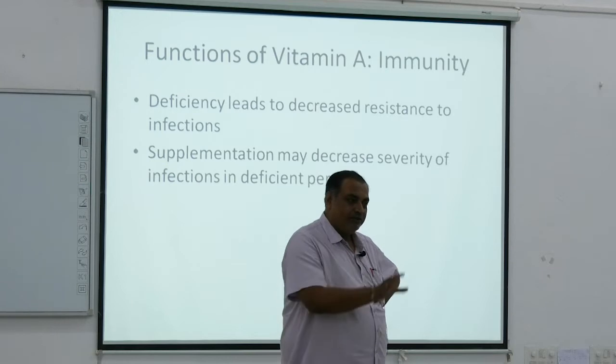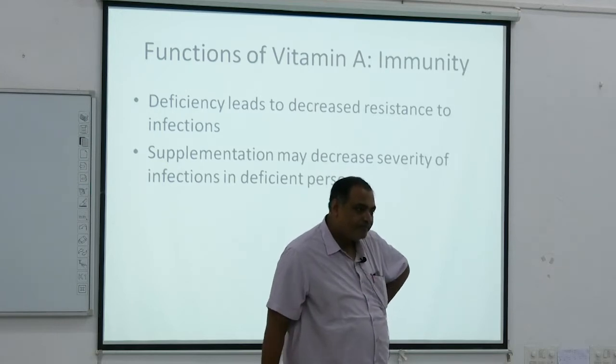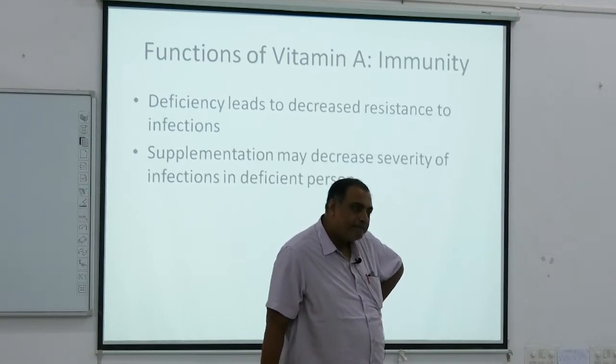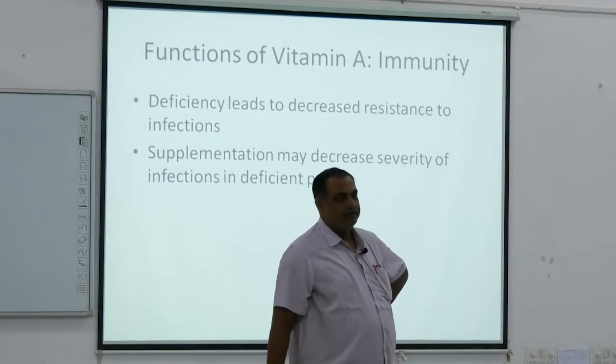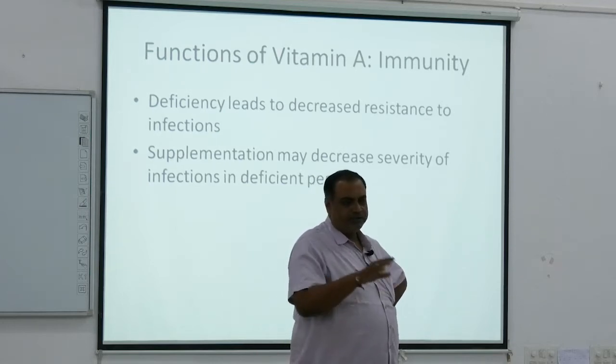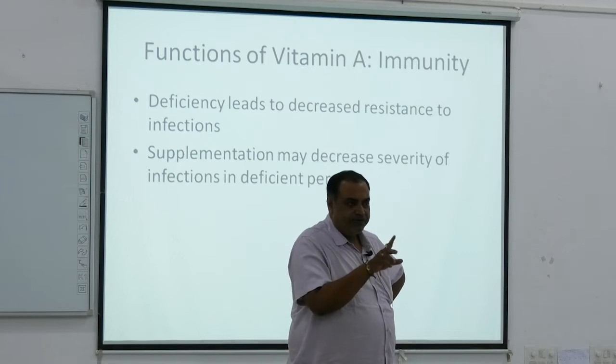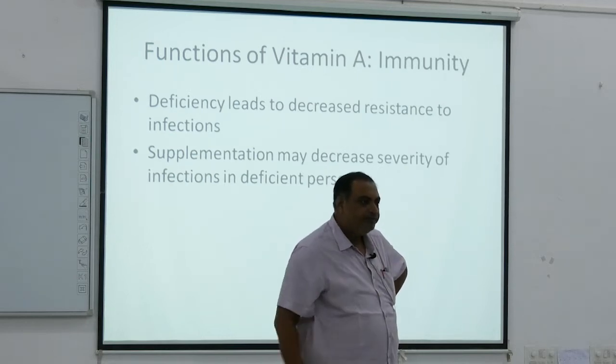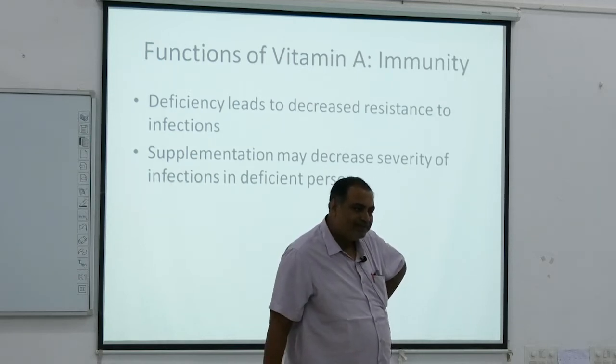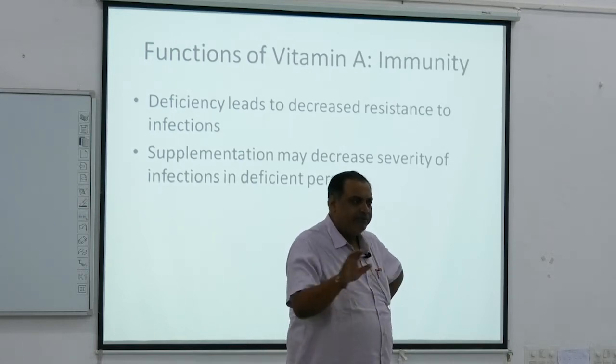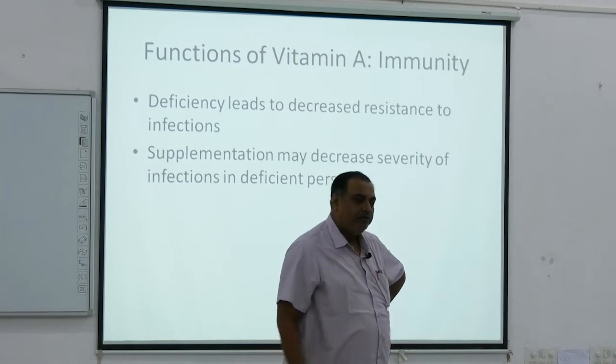Immunity, what are the different types of immunity? Innate and acquired. How do you differentiate which cells are involved? A T cell involved, a B cell involved.